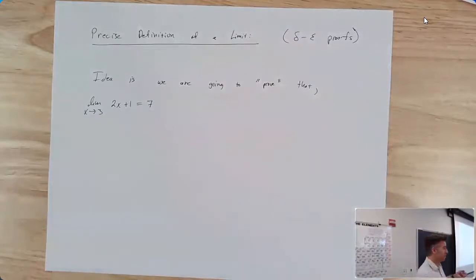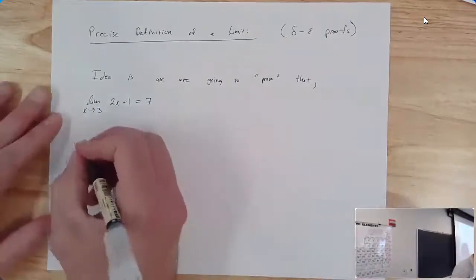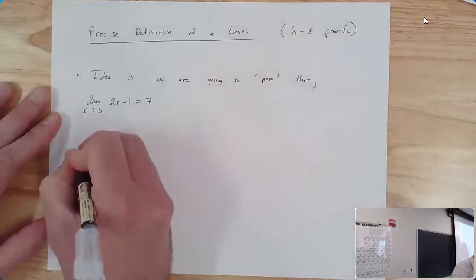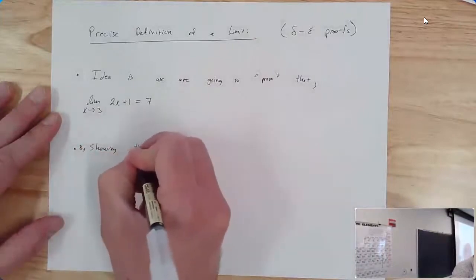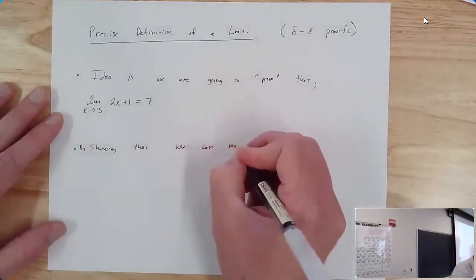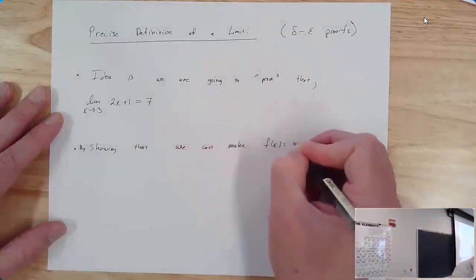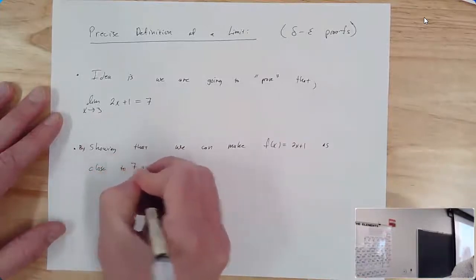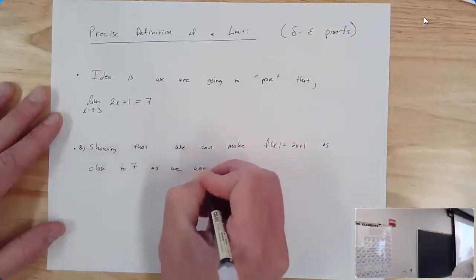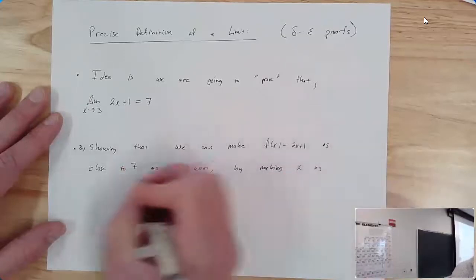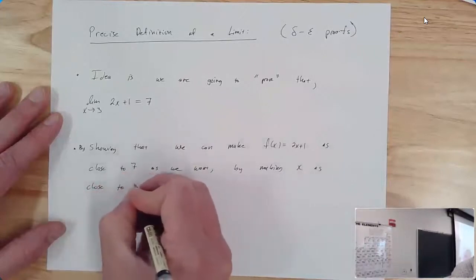And this is where the idea of closeness is going to be really important. Because here's what we're going to try to show: by showing that we can make the function f of x equal to 2x plus 1 as close to 7 as we want by making x as close to 3 as necessary.